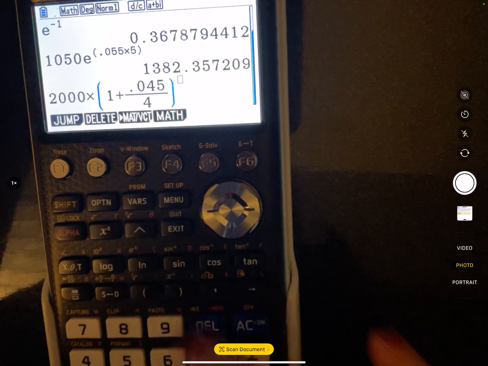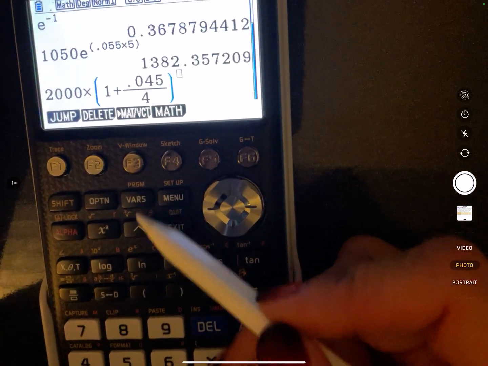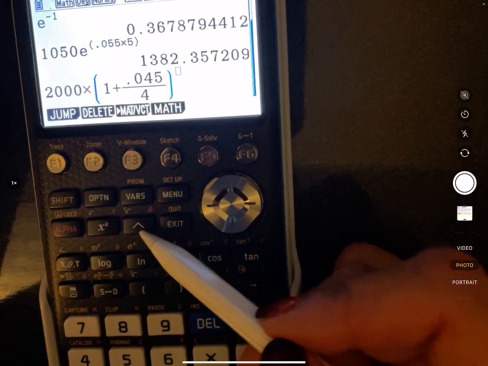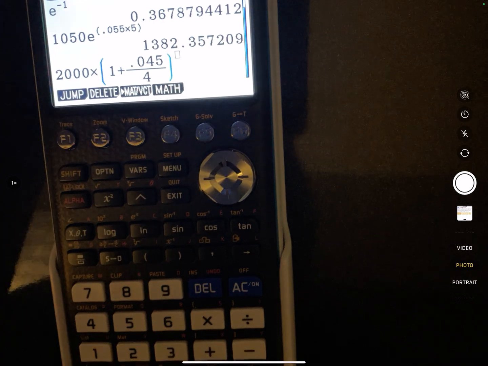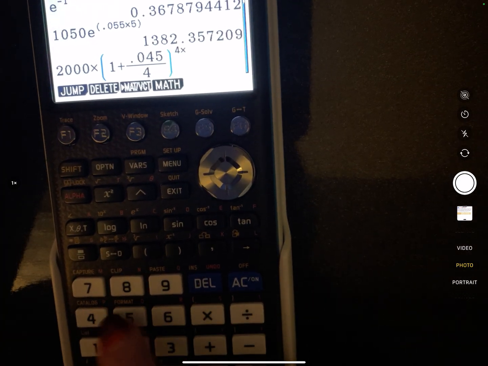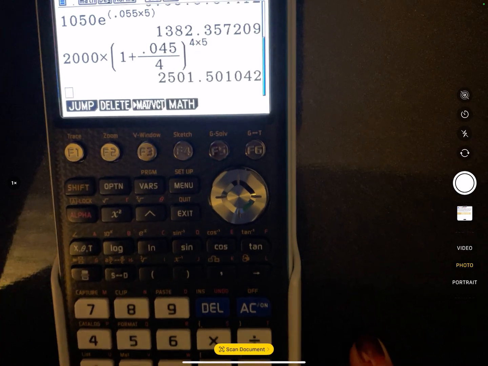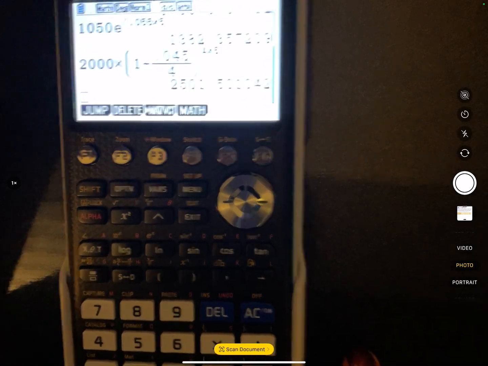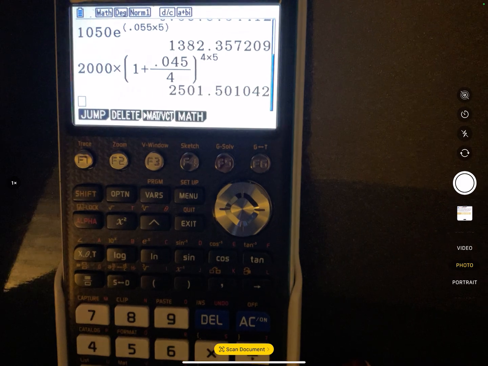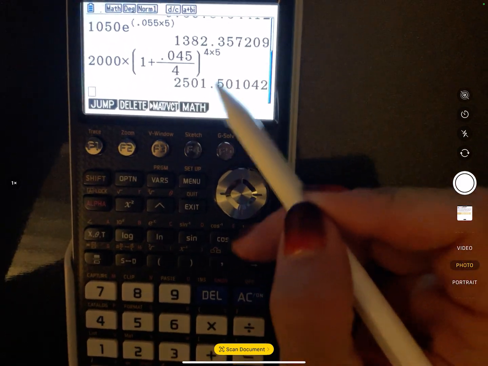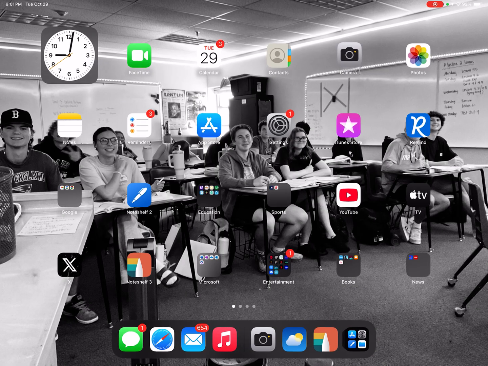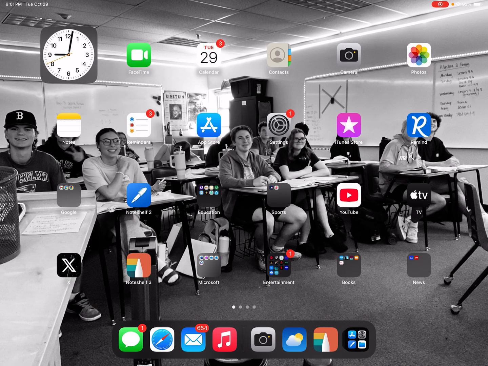Then I'm going to hit the upper caret, that button that's next to the exit. And then I have 4 times 5, which we already calculated to be 20. Press enter, and we will end up with $2,501.50. Money only goes out 2 decimal places.